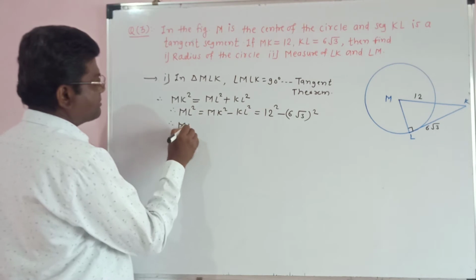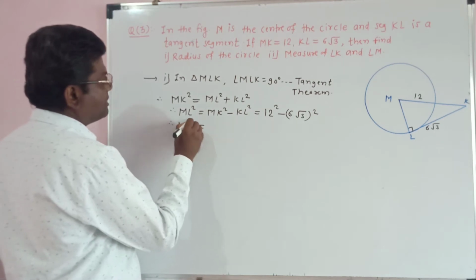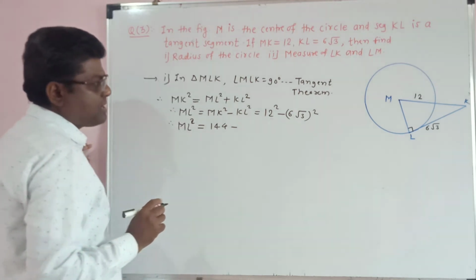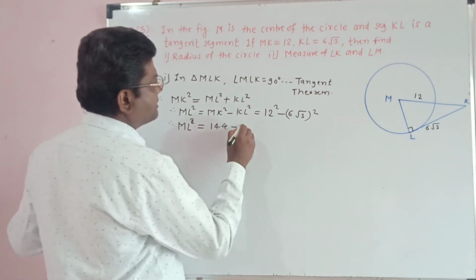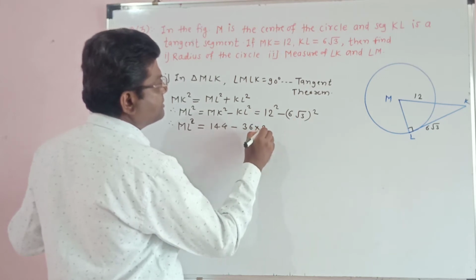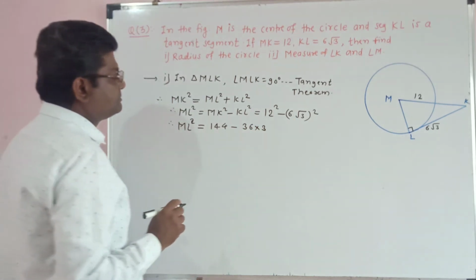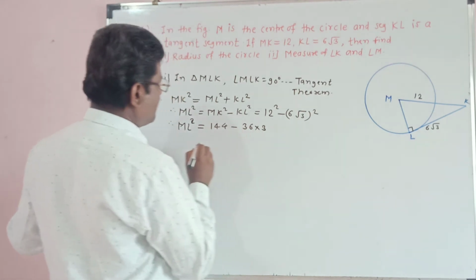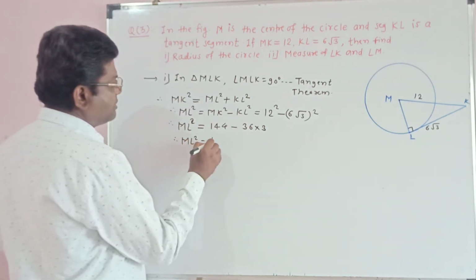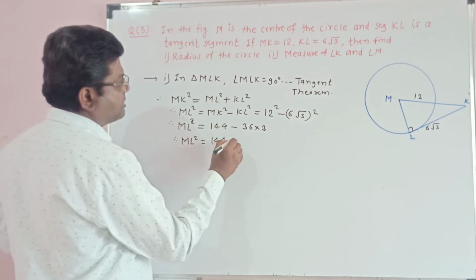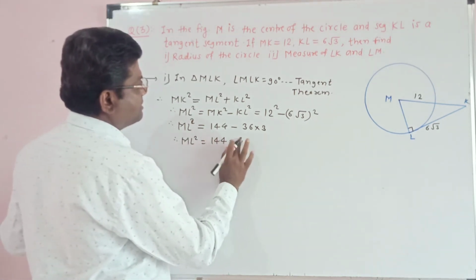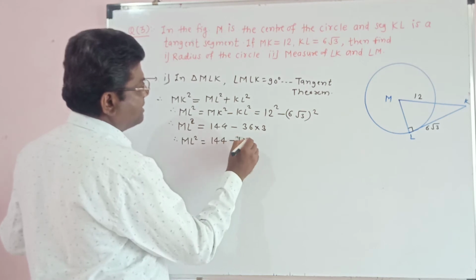Therefore, ML square is equal to 12 square is 144 minus this is 6 square is 36, root 3 square is 3. Therefore, ML square is equal to 144 minus 36 into 3 is 108.